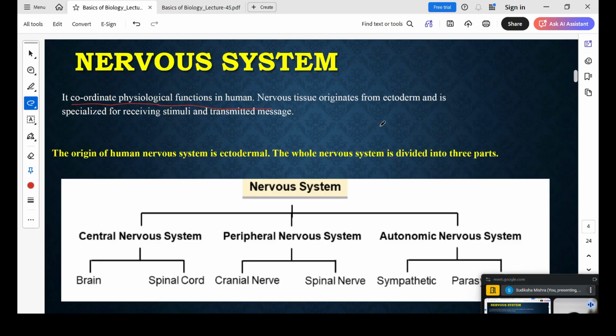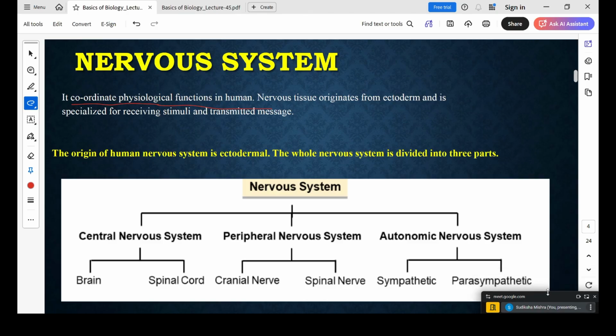And all of these layers have specific functions. They give rise to specific organs, and this is conserved inside a species. If something gives rise to, say, the nervous system, in every organism in that species or in their ancestral species, that particular layer is going to give rise to the nervous system.